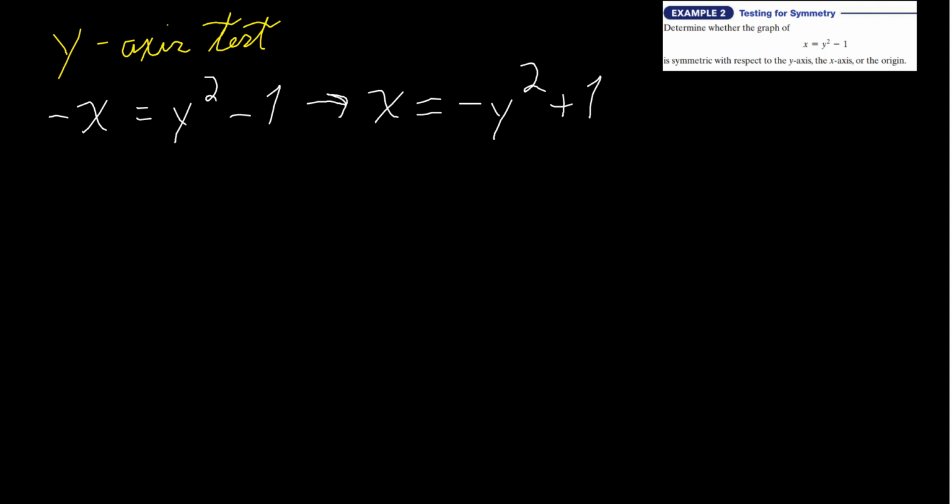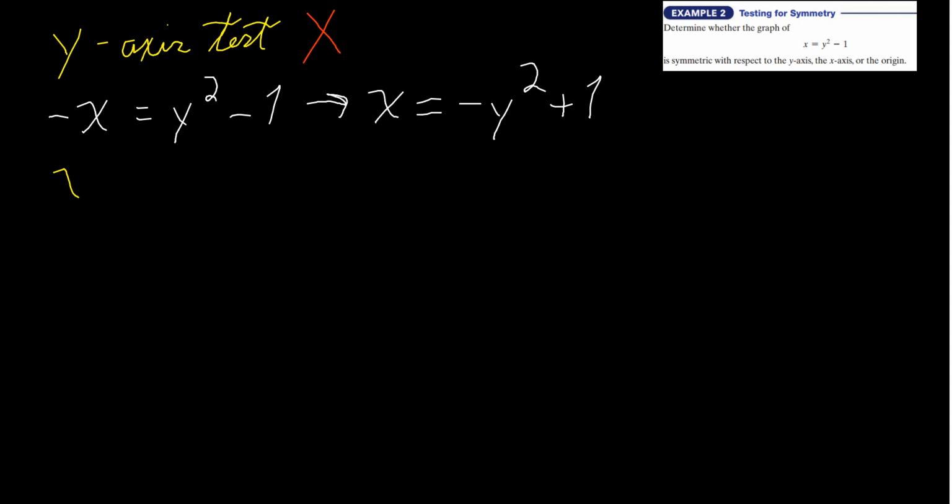Looking at this, this equation is obviously not the same as the original equation, my original equation being x equals y squared minus 1. Since it is not the exact same equation, this is not symmetric about the y-axis.